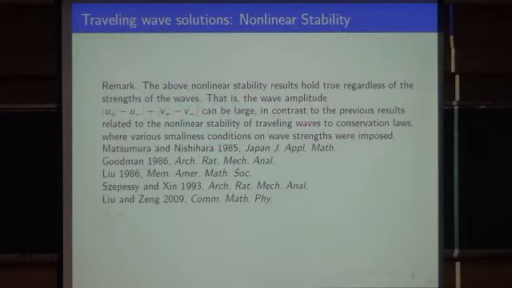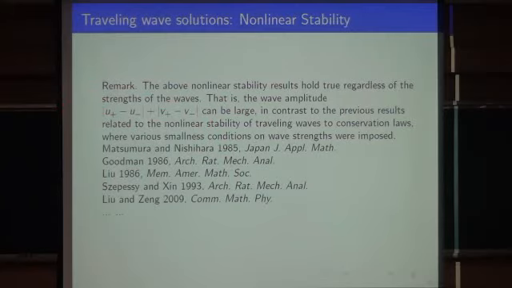So in shock wave business, we call this the stress of the wave, the difference between the left state and the right state. This can be arbitrarily large. For both our existence and stability results, we don't have a restriction on the size of this.